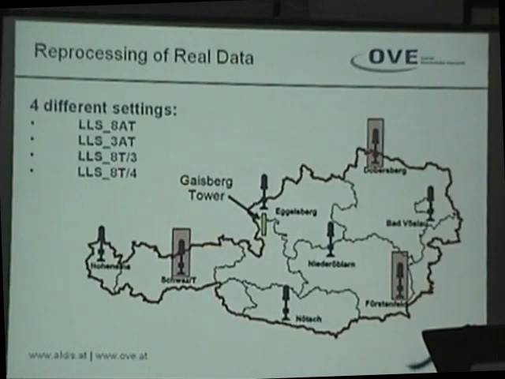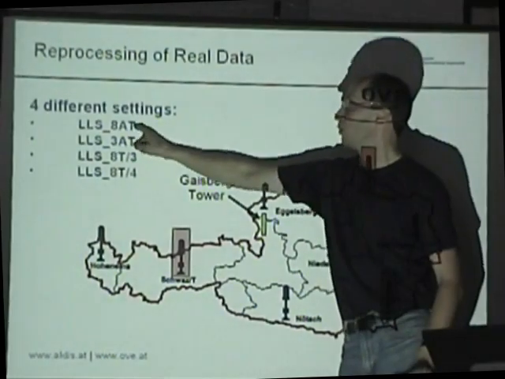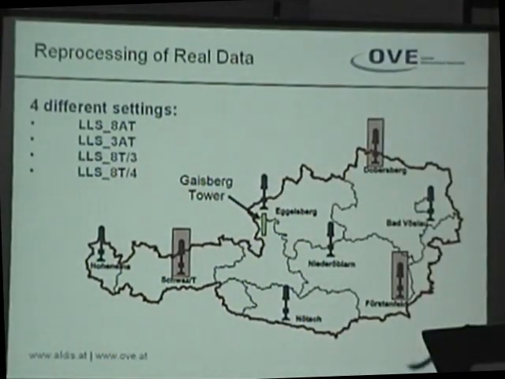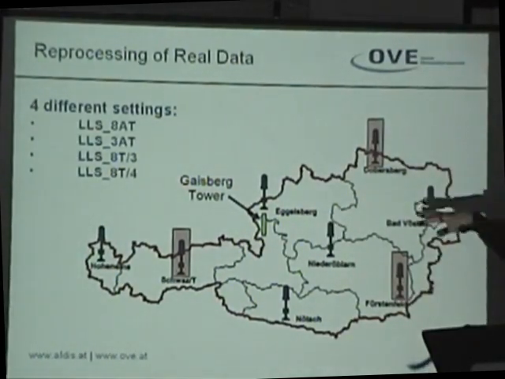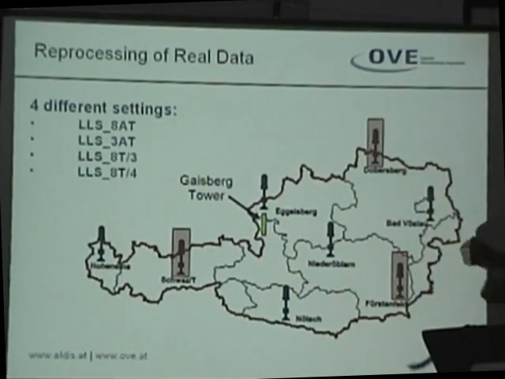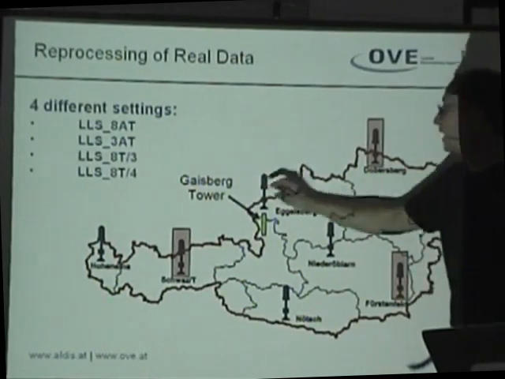And what I do, I have several different settings. I have the Austrian network, the 8 sensor network. This is the Austrian network with 8 sensors when I use angle and time. Then I have this 3 sensor network, which I process afterwards by simply disabling all the other sensors. And I use angle and time.